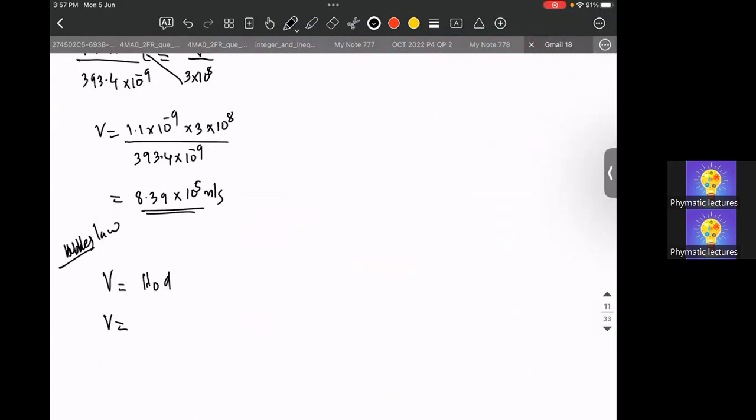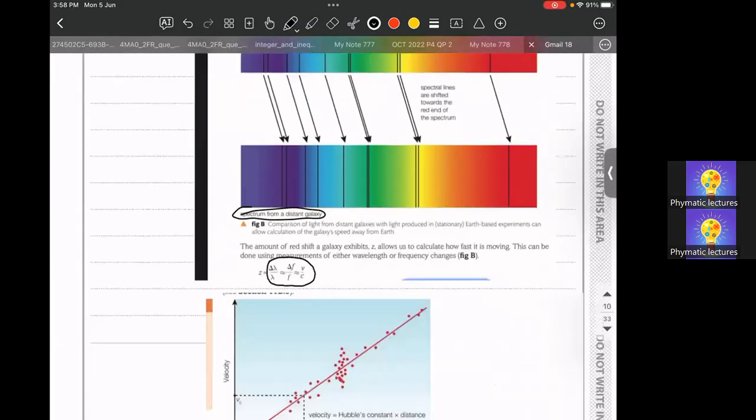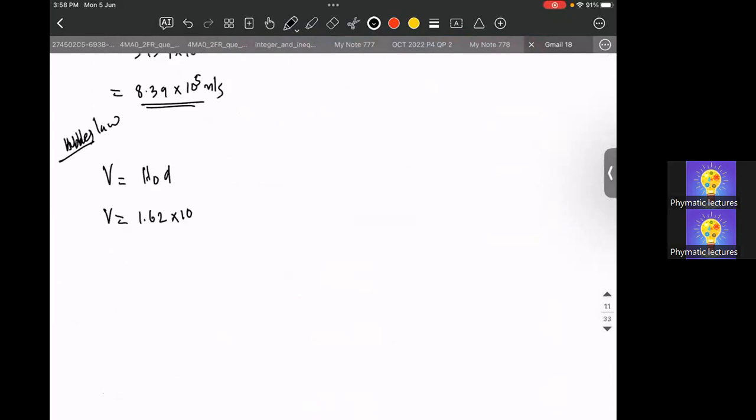So substitute this value, please: 1.62 × 10^-18 times d.